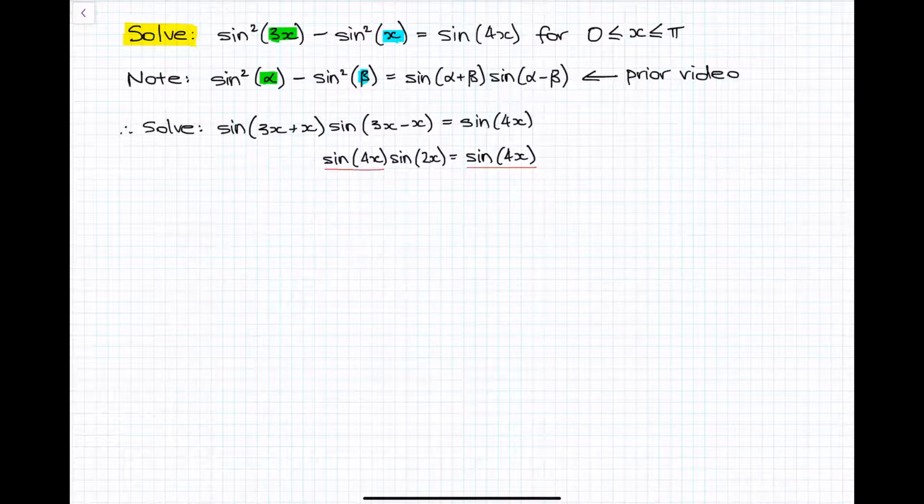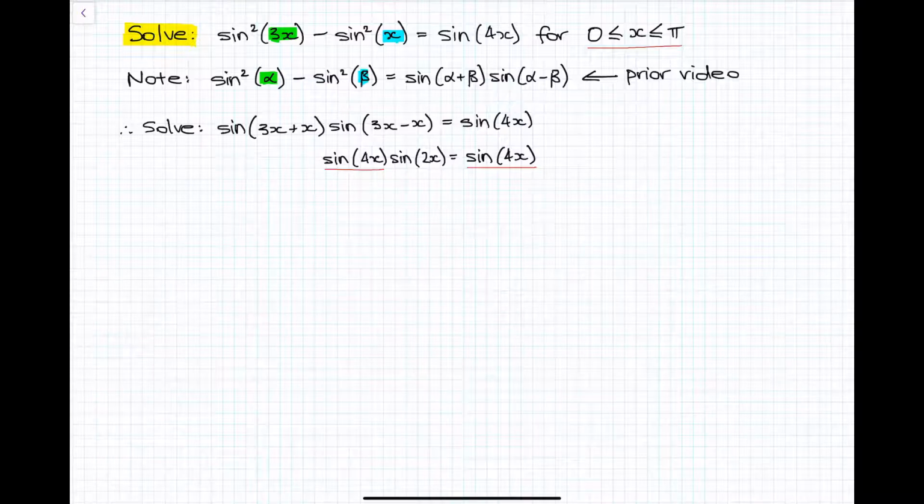We need to really not give in to the temptation of doing that, because in our domain of x being between 0 and pi, it could very well be the case that the sine of 4x is equal to 0. So if we were to divide both sides by sine of 4x, we're effectively dividing by 0, and that's not mathematically defined, so we just can't do that.